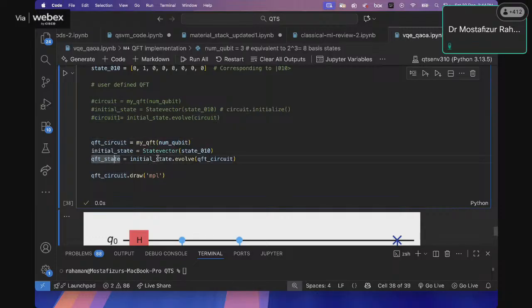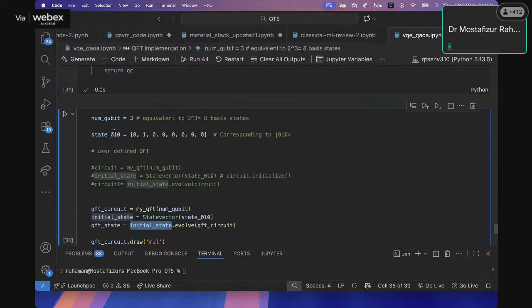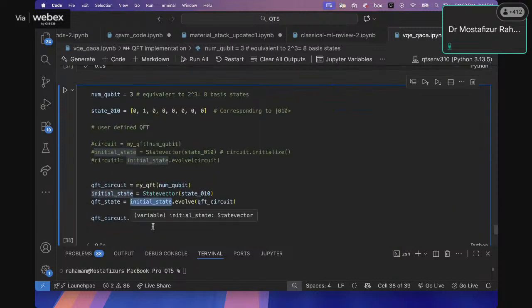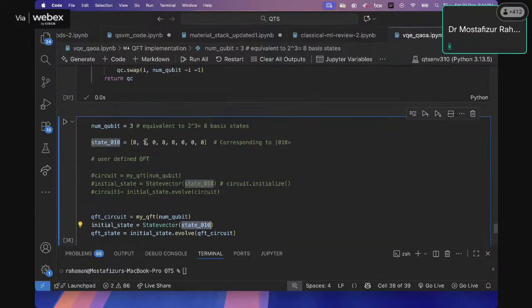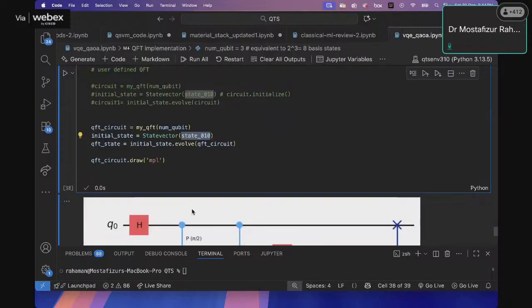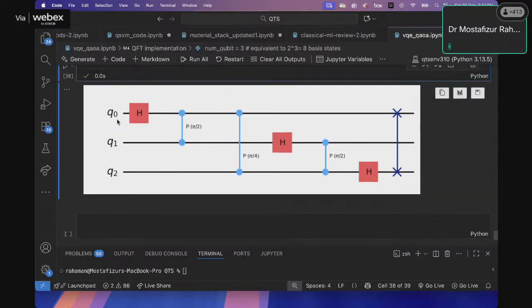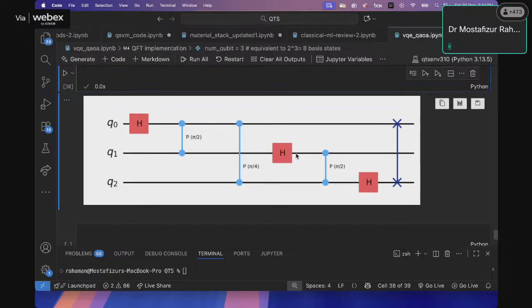So the initial state was defined like this. The initial state is a state vector encoding of the binary bit string 0, 1, 0, and so on. Then I applied my QFT on num_qubits, directly on the num_qubits. So this is the direct QFT circuit that we have designed.